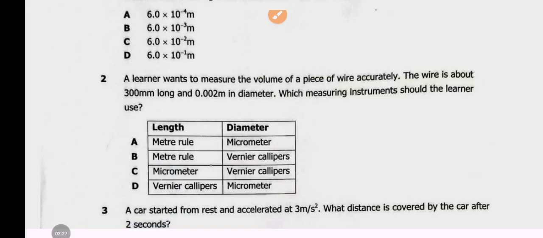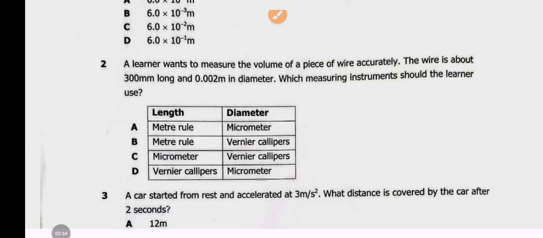In the same vein, for a measurement that is ranging from 0 to 1 meter, the instrument that is most suitable is a meter rule. And lastly, for a measurement that is ranging from 0 to 5 meter, the measuring instrument that is most applicable is a measuring tape.